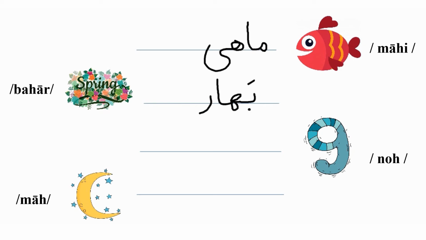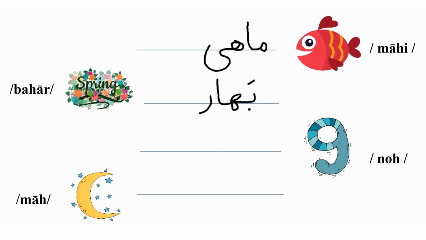Okay, so be, the initial be, then the short vowel a, then he in the middle. Afterwards we have a, and then comes again re.